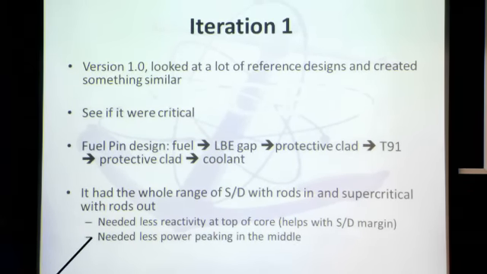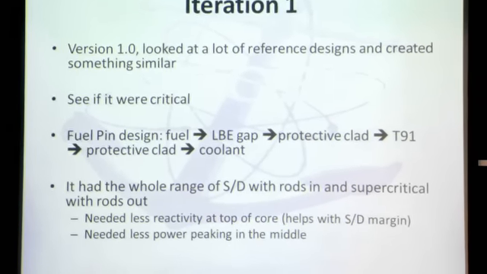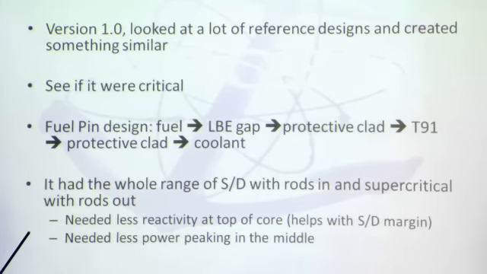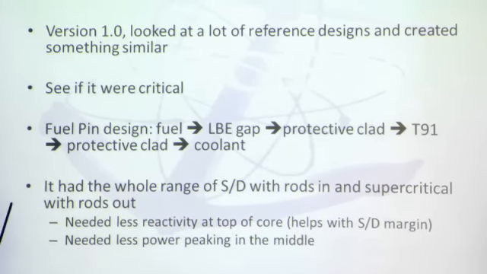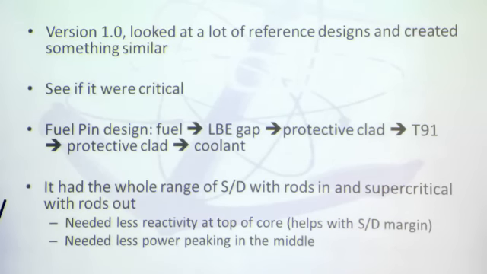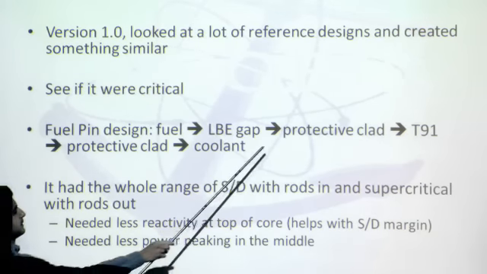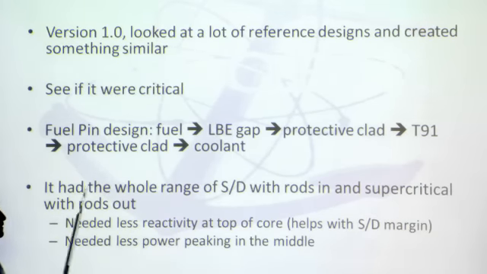The first thing we did was, from the literature and from talking to Dr. Short, we realized that the steel cladding needs a protective layer around it to protect it from erosion by the LBE. And so our fuel design, instead of just going the normal fuel, gap, clad, now has to add protective layers anytime we have contact between coolant and steel.